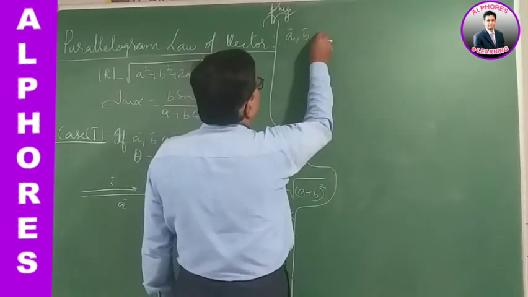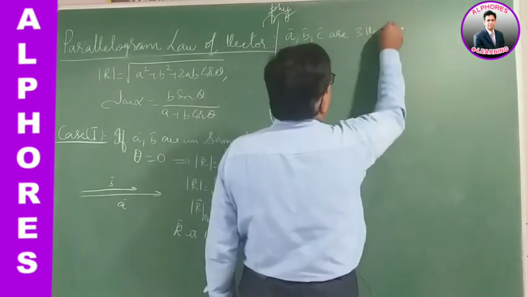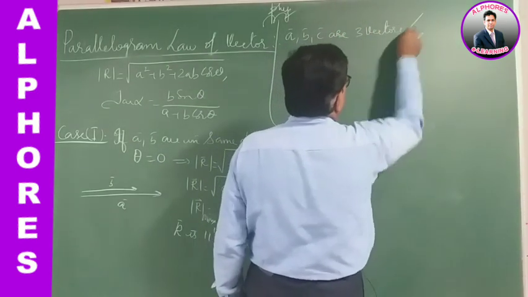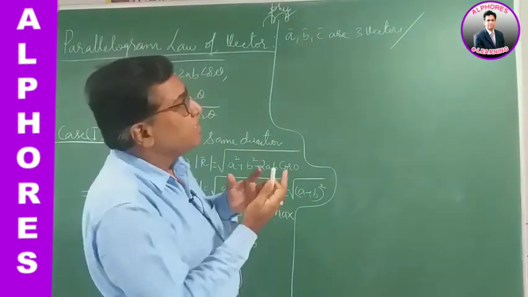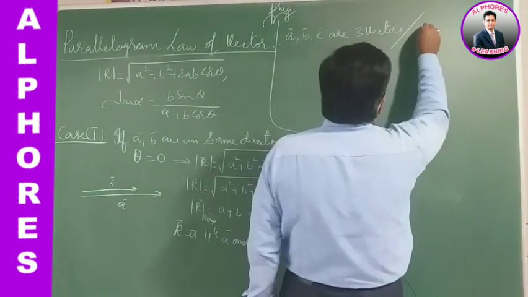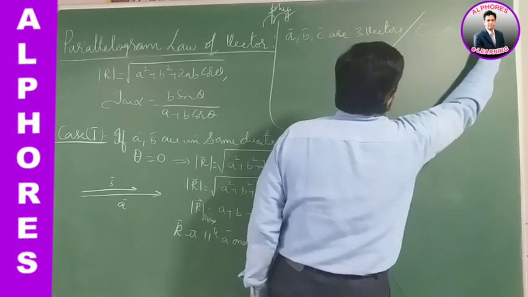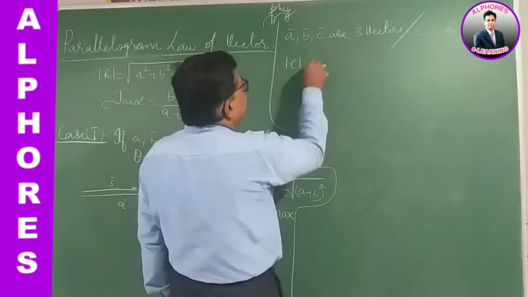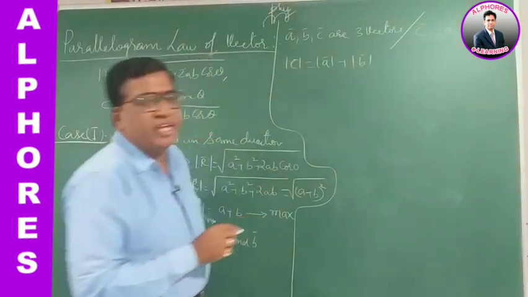A bar, B bar, C bar are three vectors such that, you see, the question is given in total mathematical form. It is in vector notation. So A bar, B bar, C bar are three vectors such that C bar is A bar plus B bar and mod C is mod A plus mod B. The question is purely in vector form.